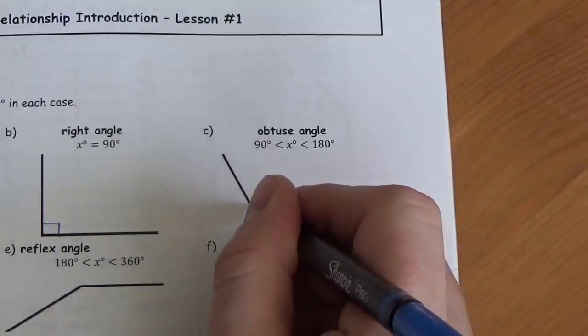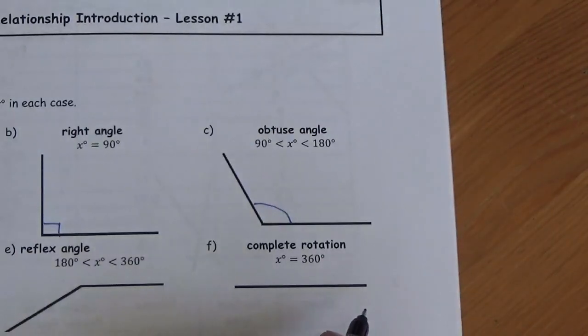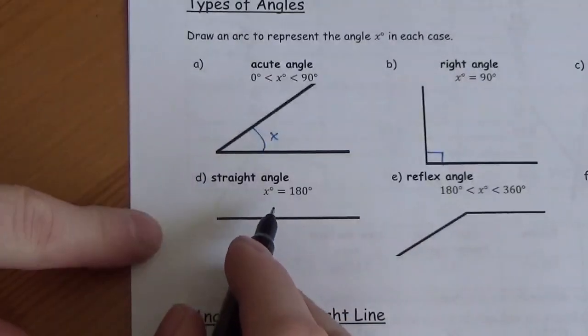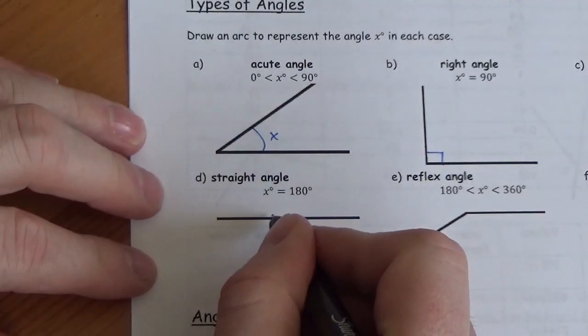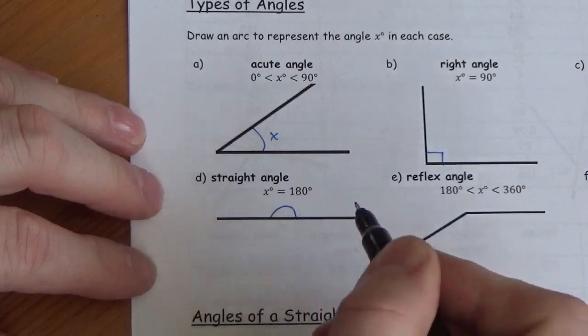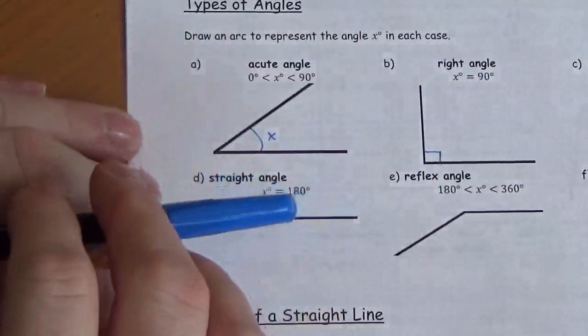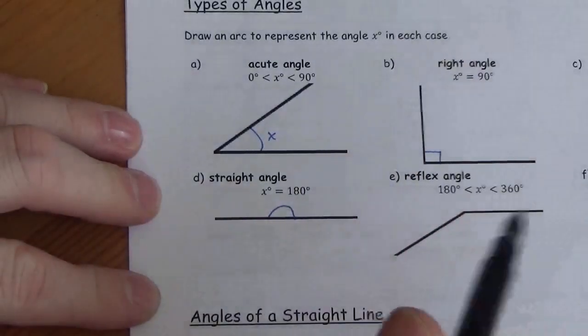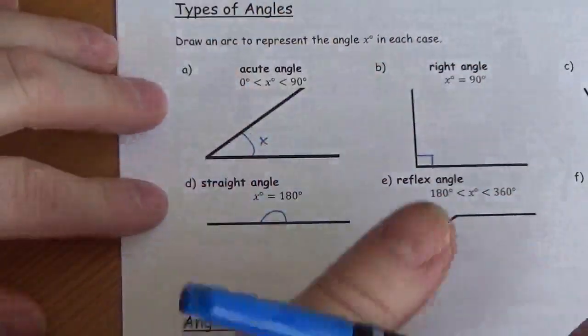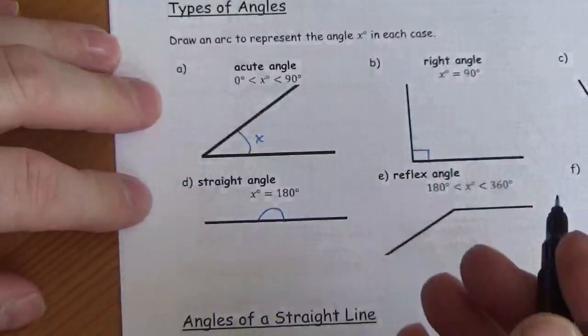If an angle is greater than 90 degrees but less than 180, we call that an obtuse angle. If an angle is 180 degrees, this is why I really have to draw that arc there. If we open an angle up here, and it rotates halfway around, so let's say we're facing this way, we rotate around so we're facing this way, now that's 180 degrees.